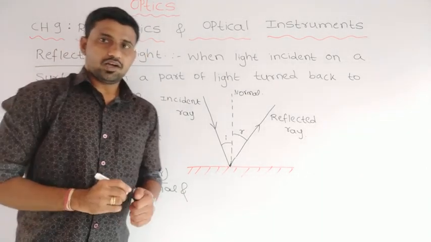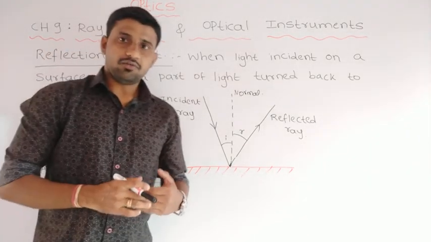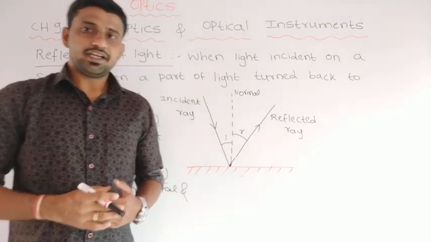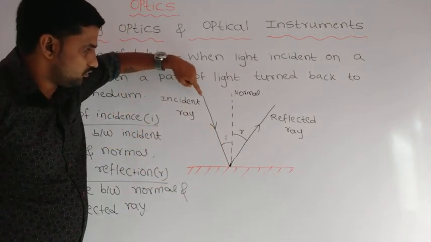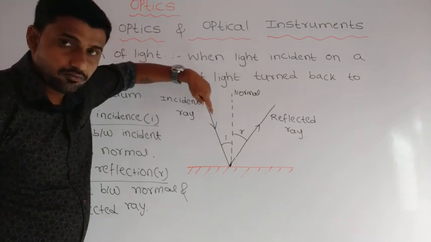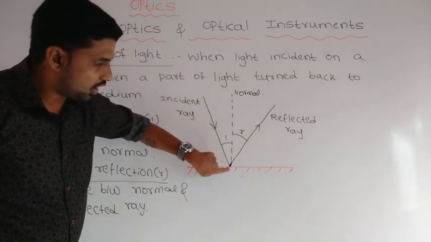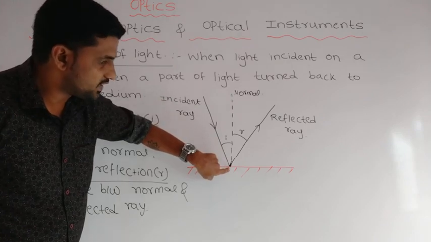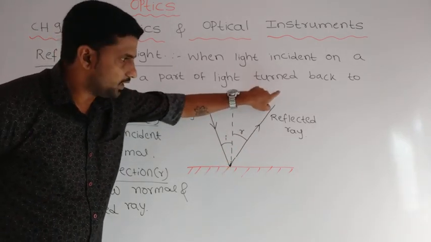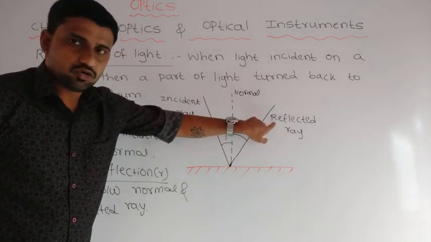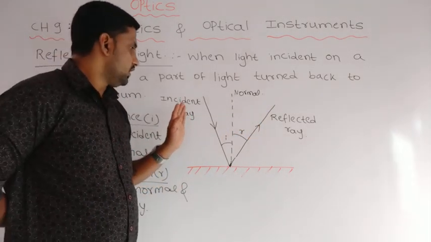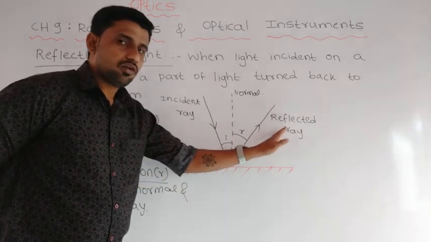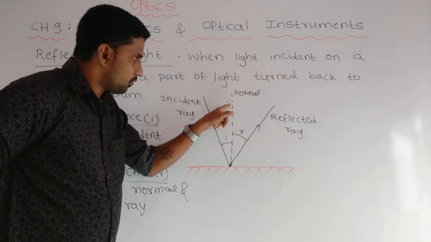So this is one of the common phenomena of light which we observe in our daily life. See here, I am incident one ray of light on the surface. After meeting the surface, it is turned back to the same medium, and that ray is called a reflected ray. To know the angle of incidence and angle of reflection, I am drawing one normal.